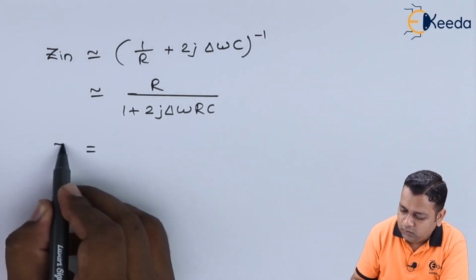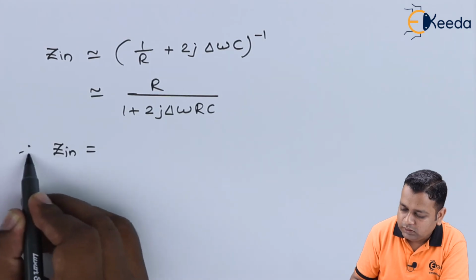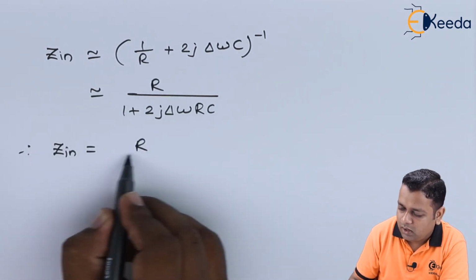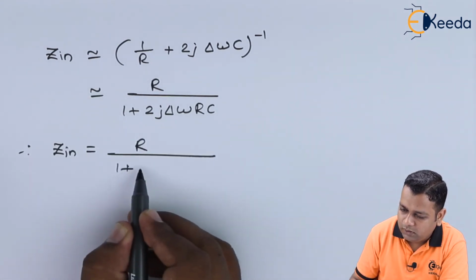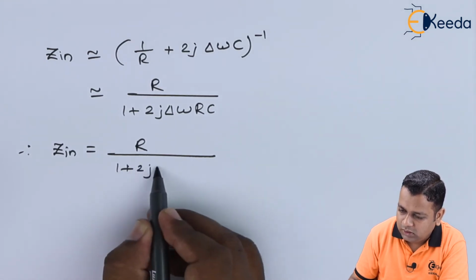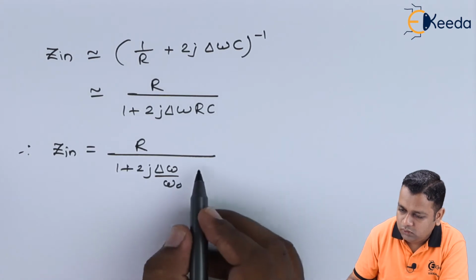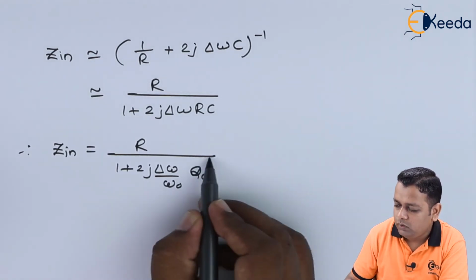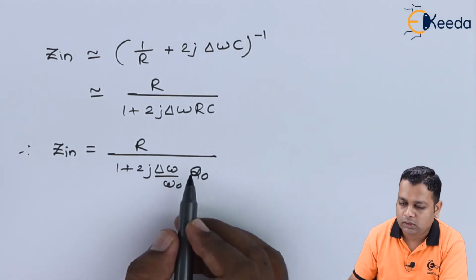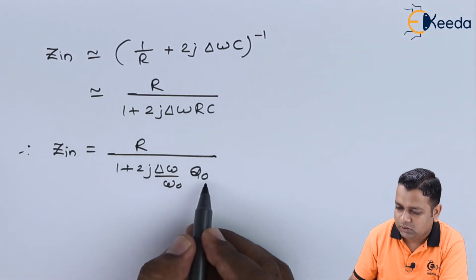So therefore, we can finally express Zin equal to capital R divided by 1 plus twice J delta omega by omega 0 into the unloaded quality factor, represented as Q suffix 0 here.